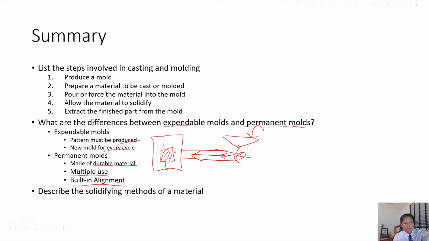That is die casting. So this is an example of a permanent mold, that is, multiple use, made of durable material. But the disadvantage is it takes time and money to create the die. That's the problem, right? Sometimes to create a small product, you need to invest lots of money to create a high quality die. That's the one issue.